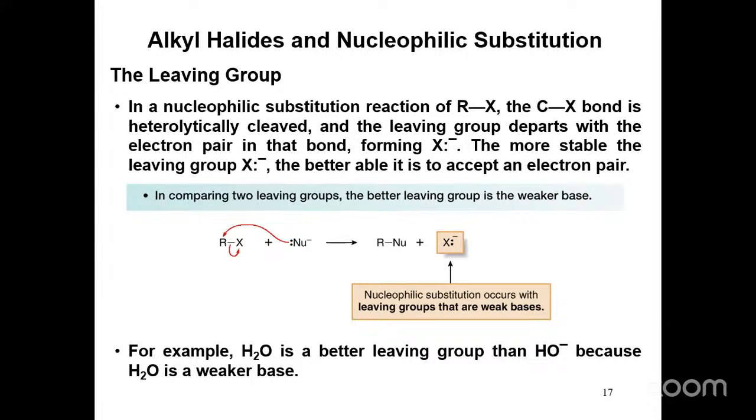And you could see here, the example given is that water is a better leaving group than hydroxide because water is a weaker base.